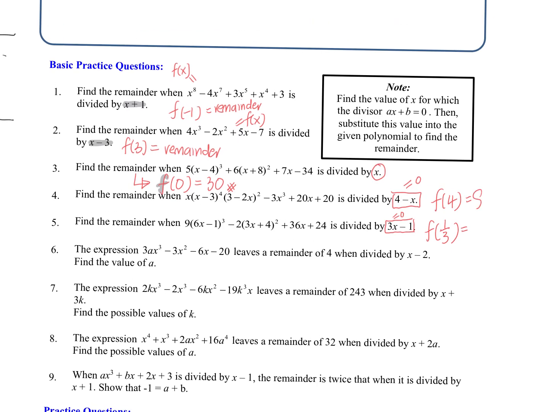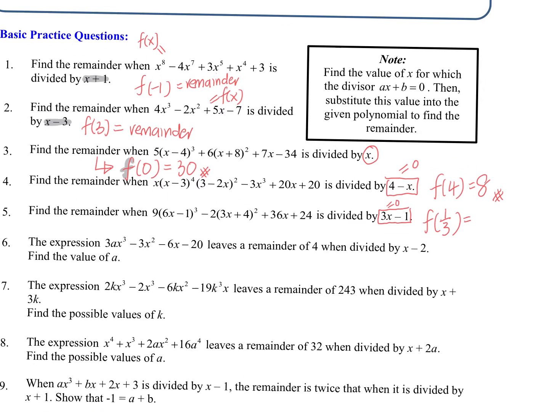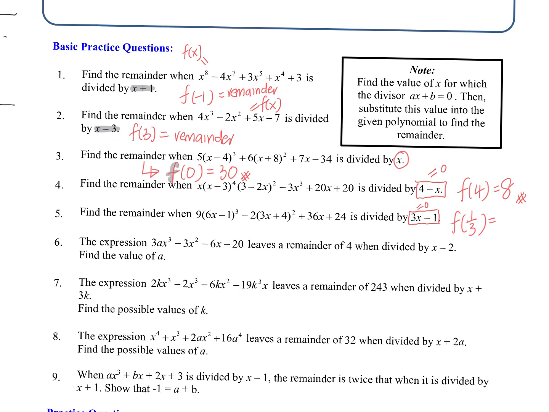Okay, is it 8? I'm not sure if I'm right. You double check. Sub in as 1/3. To the power of square plus 36. Okay, this one I get minus 5. Okay, you double check the substitution, see whether you get it.